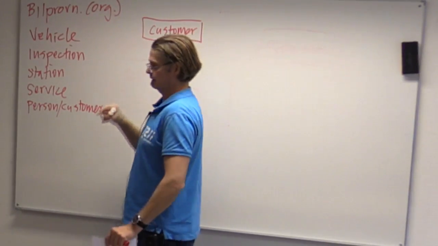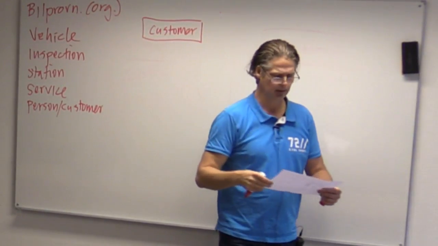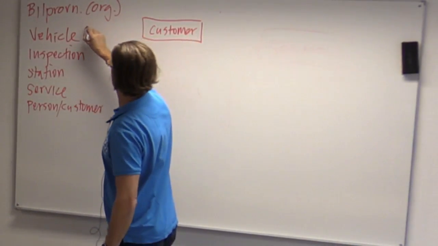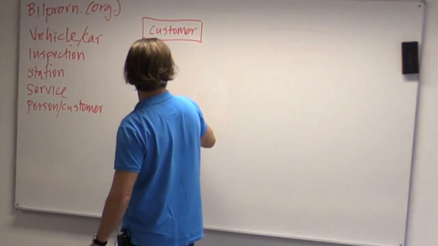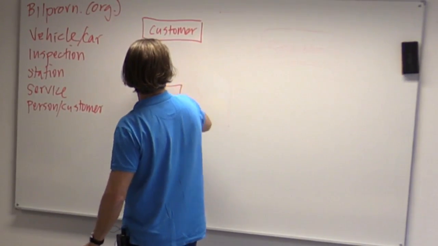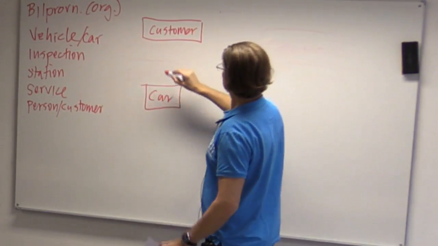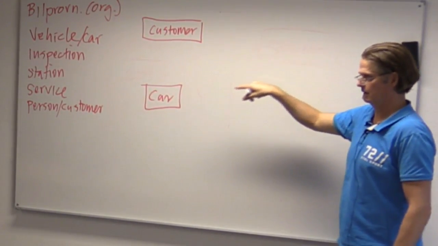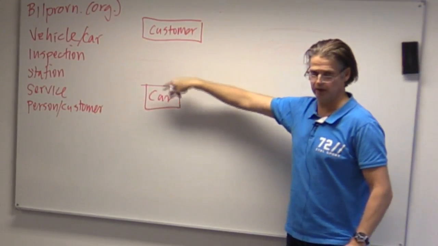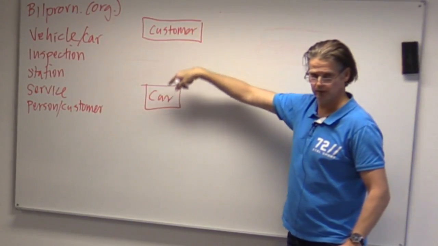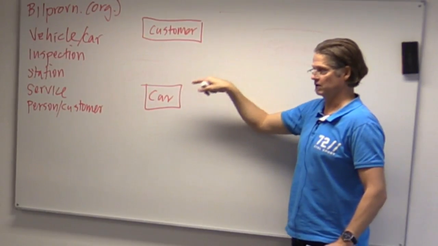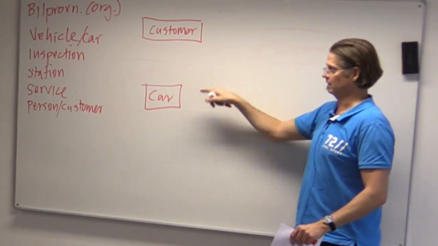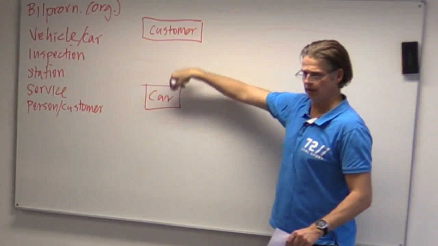So I have a customer, and I have a car. I didn't write down a car. So a customer and the customer's car. So there seems to be a relationship between those two. So the question is what the relationship is. How are they associated here? Well, I think that a customer can own a car.